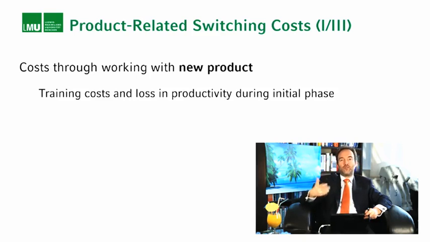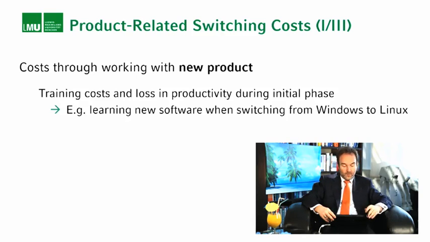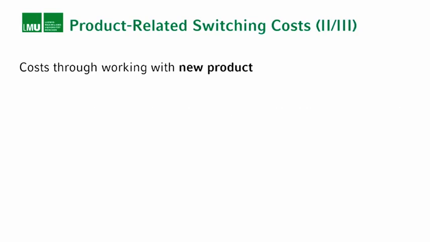You have to learn how to use a new type of software program. So switching from Windows to Linux is difficult because there, of course, you would have to learn all the new commands, but at the same time, you would also have to acquire new software and so on, which is something that is also going to contribute to the switching costs that you're facing.